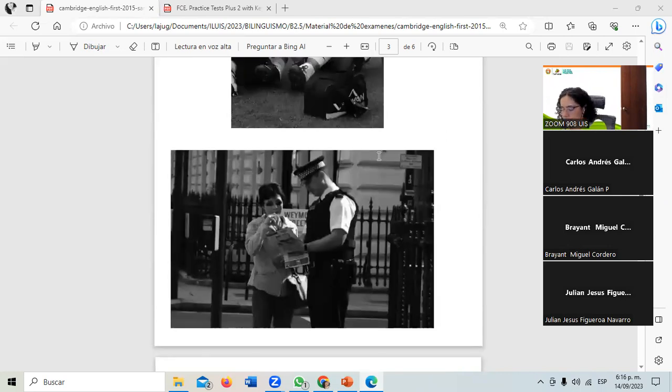So, she could be a traveler that is in a new city. So she's lost, and the policeman is helping her to find an address.